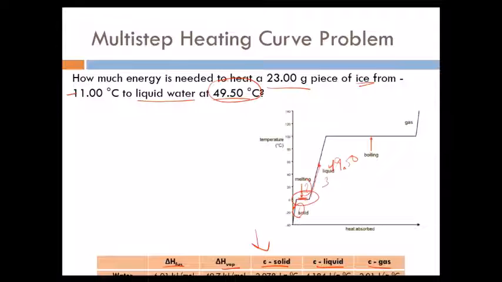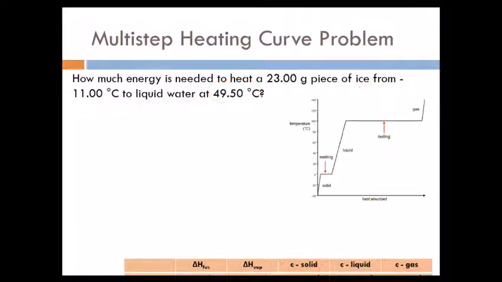Although in this case, we're only going to be melting, so we're going to need the heat of fusion. We're going to be using the solid because we're down here in the solid, so we're going to need that one. And then, of course, we're also going to need to warm it, so we're going to need the specific heat of the liquid. We're not up here in the gas stuff, so we don't need the vaporization or the specific heat of the gas.